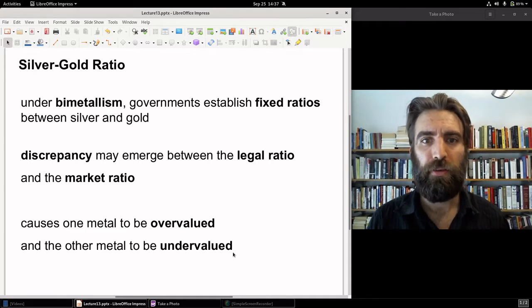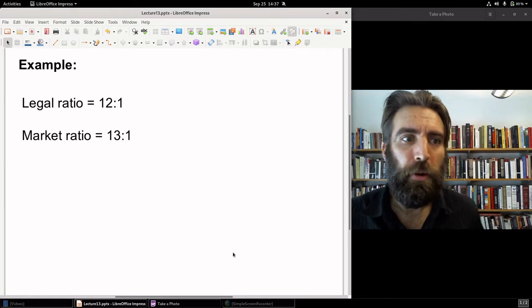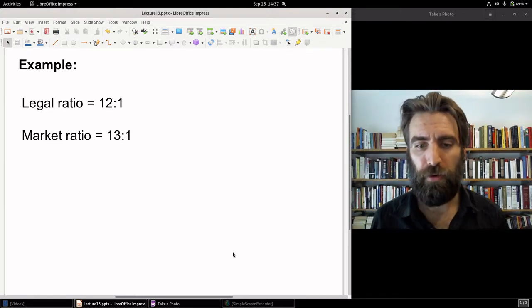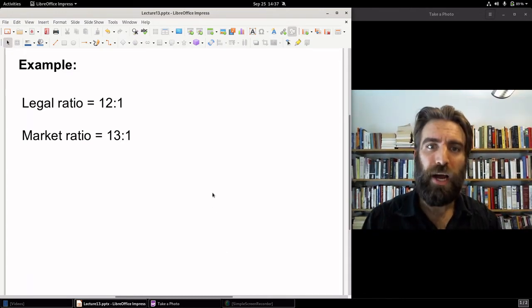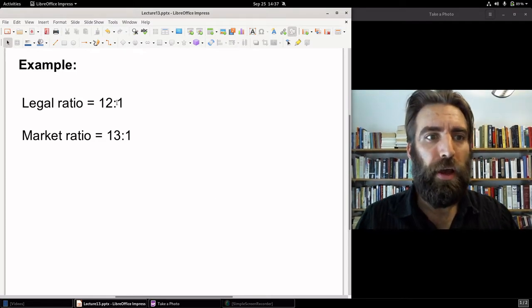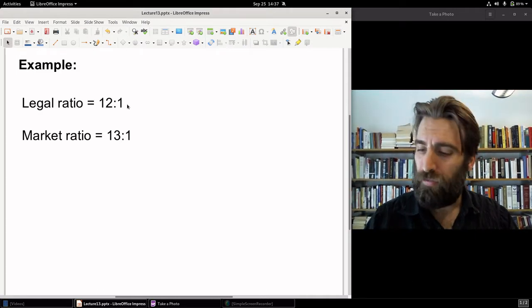Let me give you this example. Let's say that you live in a land, it's a bimetallic system, gold and silver, and the government defines silver and gold, the ratio, by law as 12-1. In this land, you need 12 ounces of silver to buy 1 ounce of gold, and that's fixed in law.